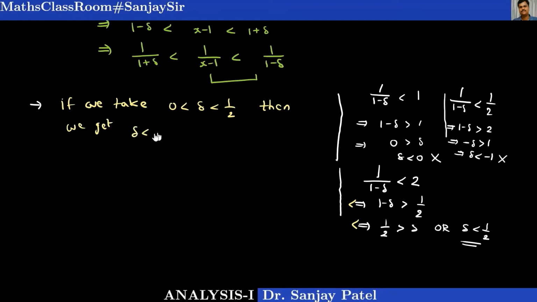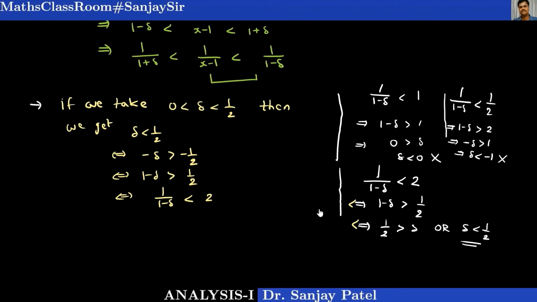Delta less than 1 by 2 if and only if, taking minus delta is less than minus 1 by 2, applying the negative sign, we get minus delta is greater than minus 1 by 2. I want 1 minus delta, so 1 minus delta is greater than 1 by 2, and that gives me 1 upon 1 minus delta less than 2. So that is the same thing I have worked out here.